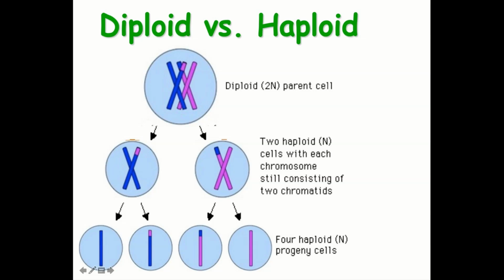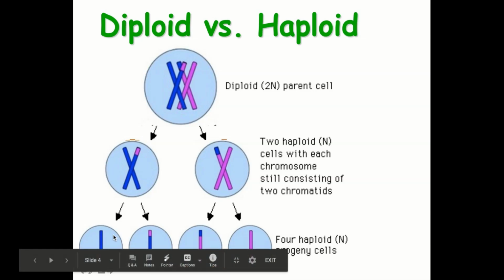After this second division, the chromatids, the two parts of that chromosome, separate, and you end up with, there on the bottom left right here, two daughter cells.